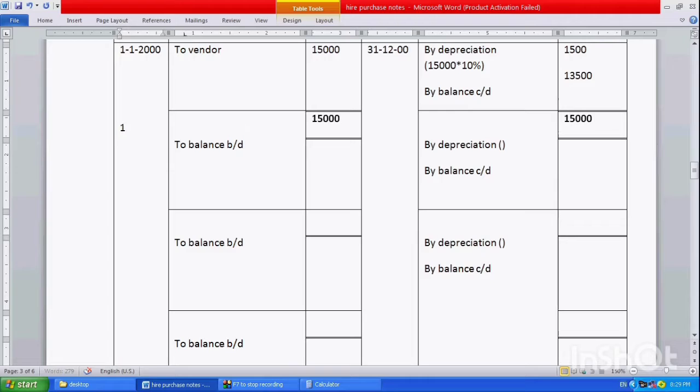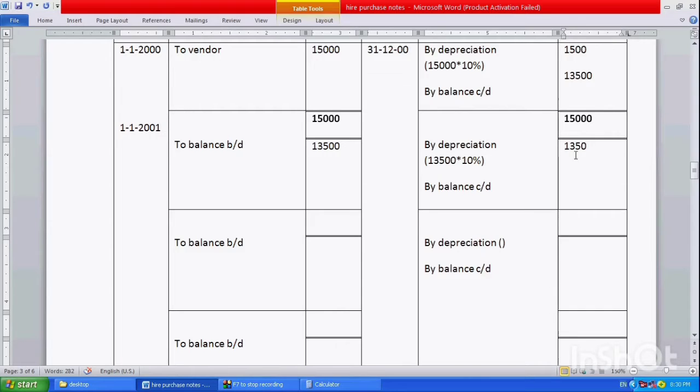First write the date, 1st January 2001. So now to balance brought down how much? 13,500, right here, 13,500 as a balance brought down amount. Okay, now by depreciation, 13,500 into 10% is 1350.